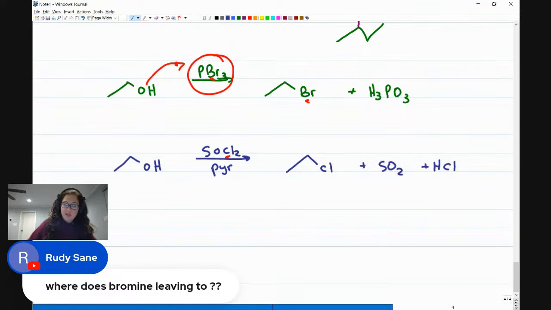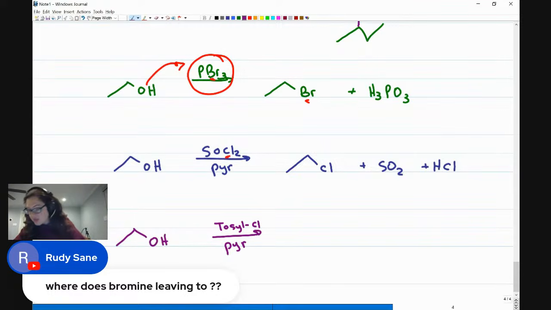Another one you're going to see with chlorine, and you've probably seen this one more frequently, is reacting it with a tosyl chloride. The tosyl chloride is para-toluene sulfonyl chloride. Let me know in the comments if you are taking the ACS this semester, because if you're taking the ACS, you do have to know what the structure looks like.